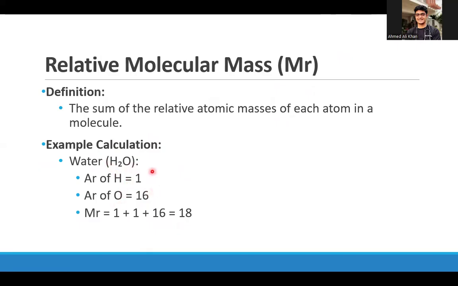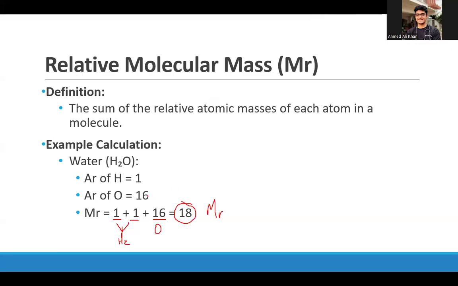Since water has two hydrogen atoms, we add one and one, which makes up the H2, and then we have 16, which makes up the O. This equates to a relative molecular mass, abbreviated as MR. Don't confuse it with Mr. The MR of water is 18.